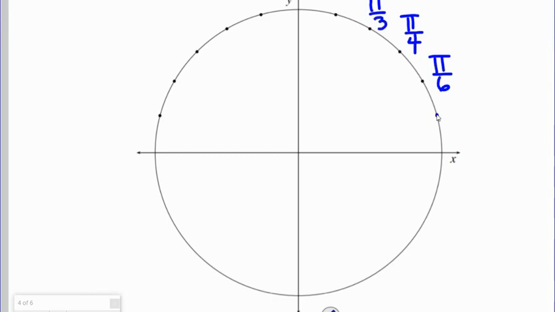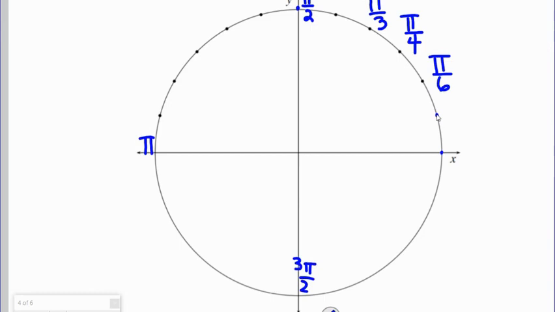Now, as far as our other main angles, we start at 0 here. This one right here would be pi over 2. This is pi, and down here is 3 pi over 2.